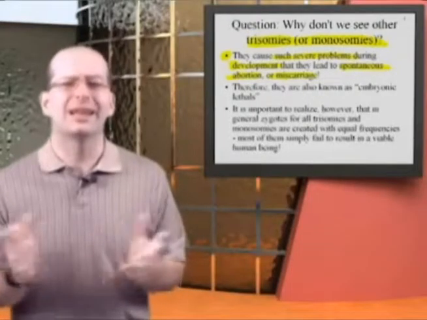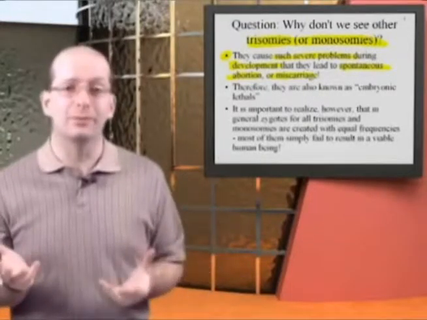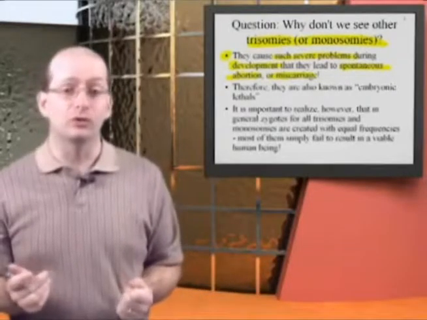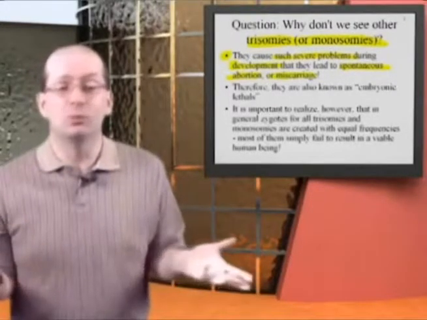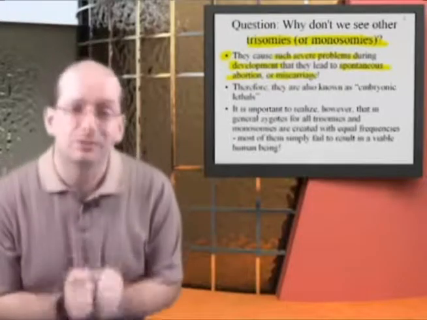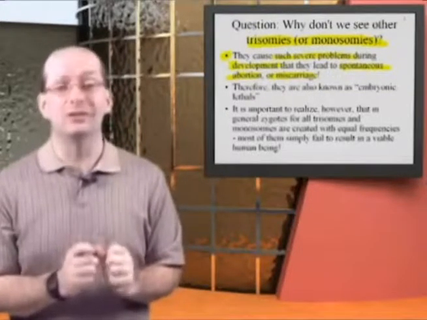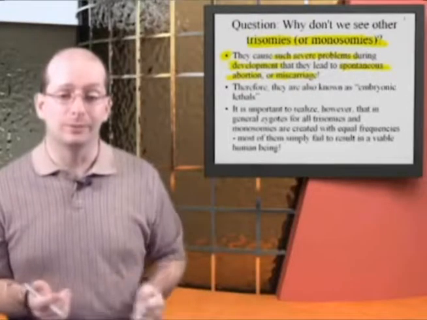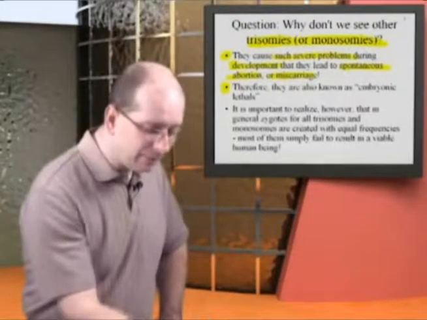I only mention this because a lot of women feel guilt when they have a miscarriage. A large percentage, not all, of miscarriages are inevitable. They will happen because this embryo or fetus is chromosomally defective, for lack of a better word. Okay? So we say they're embryonic lethals.